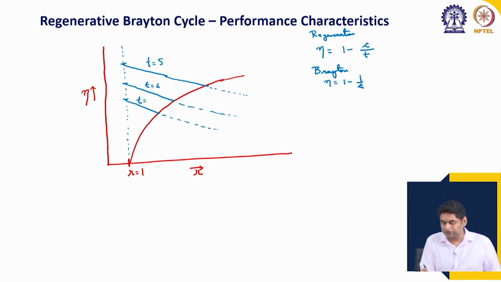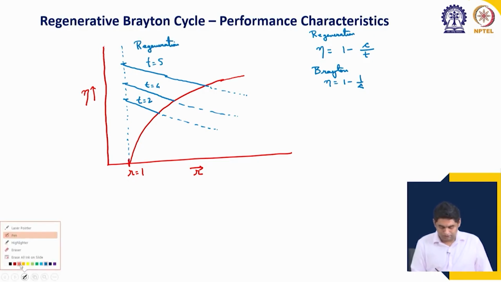So, completely opposite behavior. It keeps on decreasing with increasing pressure ratio, while in the standard Brayton cycle there was increase with increase in pressure ratio. Okay. So, this is regeneration and this is standard Brayton cycle.